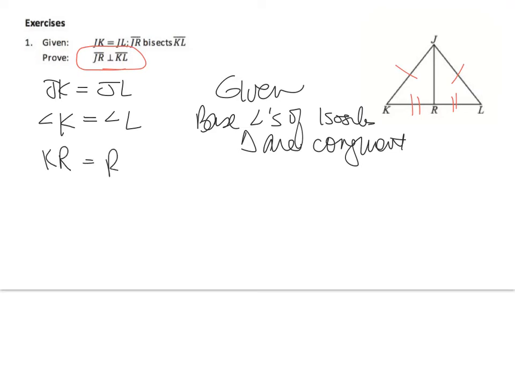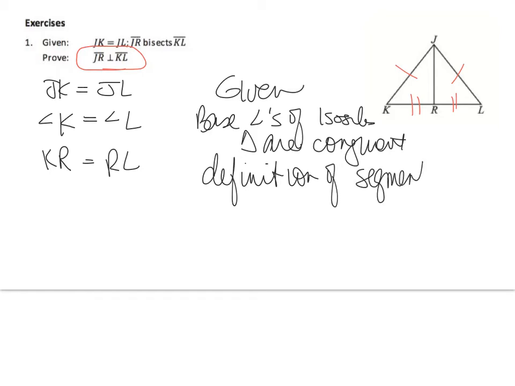KR equals RL. Given? Well, it's definition of segment bisector, so it's not really given, it's a definition. I marked it. Definition of segment bisector.